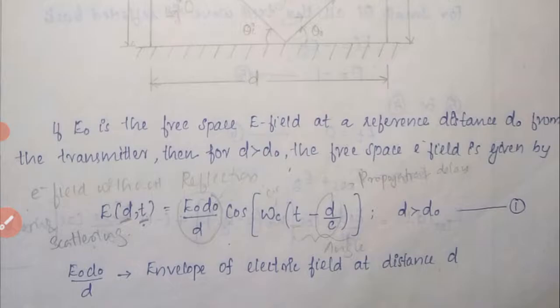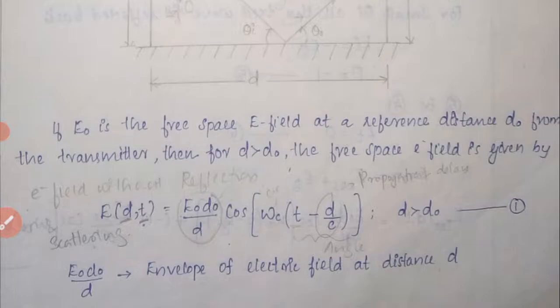In free space there is no reflection, diffraction and scattering, so this is the electric field without reflection, diffraction and scattering, represented as E naught D naught. This equation you have to study, then only you will be able to write the derivation. E of d comma t is equal to E naught d naught by d cos omega c into t minus d by c.